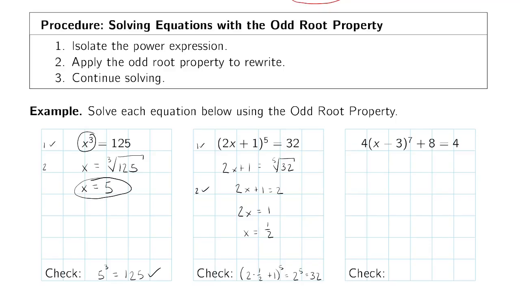One more example. In this example, we notice that our power expression is not isolated, right? It's not the only thing on one side of the equation. So the first thing we need to do is get x minus 3 to the 7th power by itself. So we need to get rid of this 8.